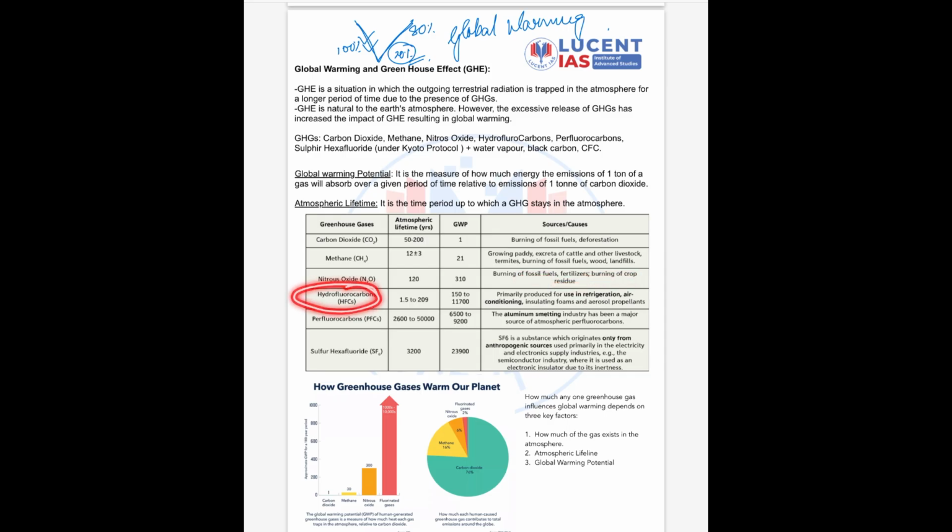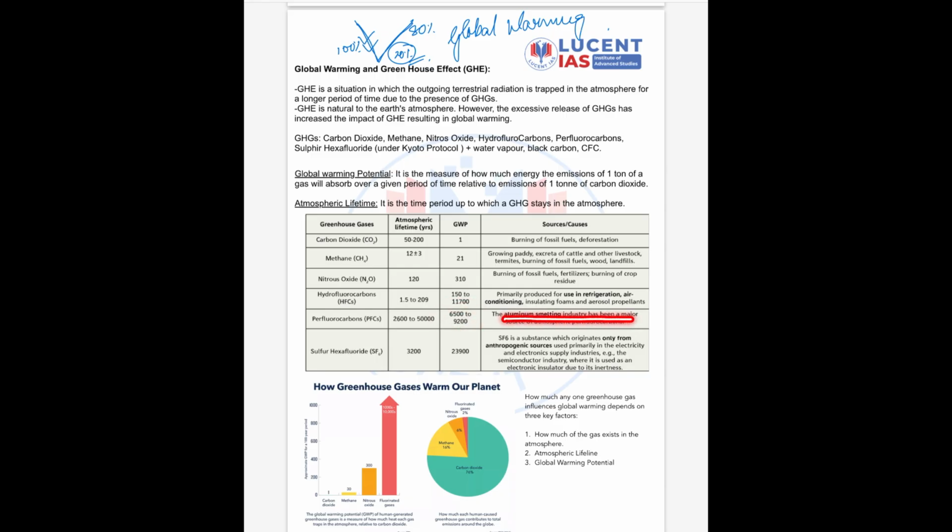Then hydrofluorocarbons, atmospheric lifetime 1.5 to 209. Global warming potential 150 to 11,700. Primarily produced for use in refrigeration, air conditioning, insulating foams, etc. Then perfluorocarbons, 2,600 to 50,000. Global warming potential of 6,500 to 9,200.